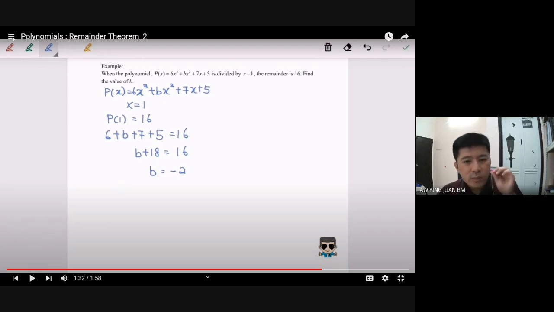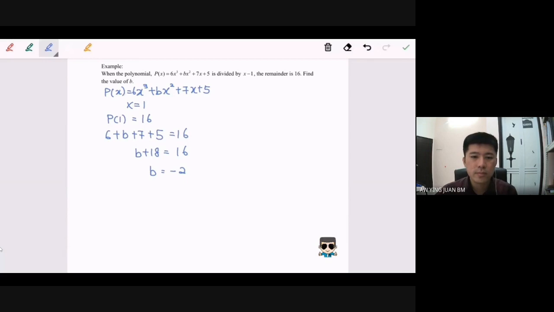So di sini ada special sikit. Soalan biasanya tak tulis dan saya selalu galakkan pelajar saya, whenever you dapat jawapan, kalau boleh substitute into the questions. Okay, contoh di sini, substitute the value b into the p(x).